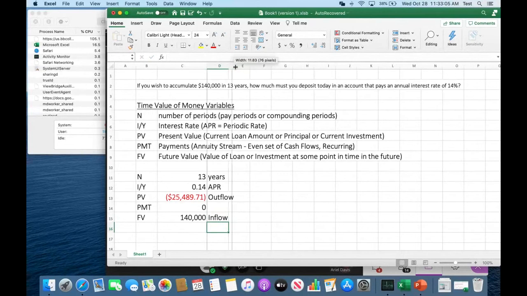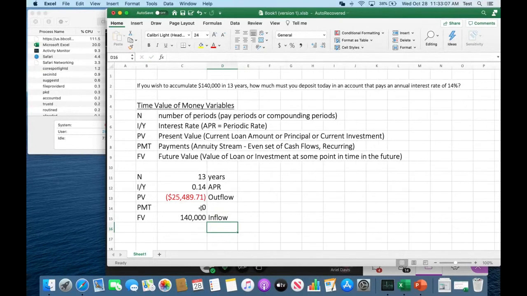What this is saying to me is that I must deposit, or have a cash outflow of $25,489.71 today into an account that earns 14% annually, and I must leave it there for 13 years untouched in order to achieve my savings goal of $140,000.